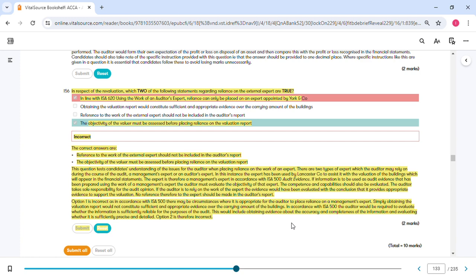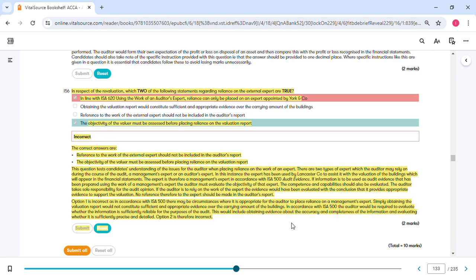The competence and capabilities should also be evaluated. The auditor takes sole responsibility. You cannot say that the expert has done it and that is final. No, the final responsibility is with the auditor.